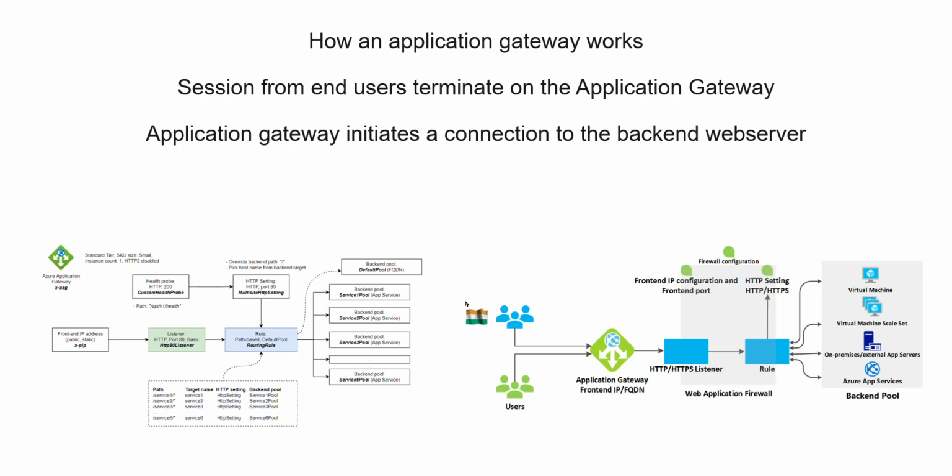If you can see here, the users send in a request. Before the user sends a request to the application gateway, it resolves the domain name of the application gateway by using the domain name system.